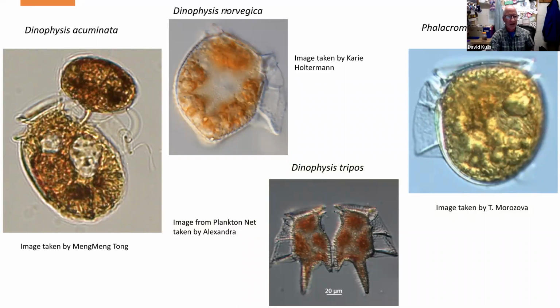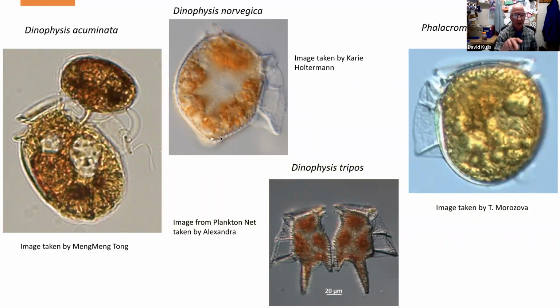Thanks, Thomas. So on the left-hand panel is a Dinophysis acuminata, and you can see the little peduncle going in from the Dinophysis cell into the ciliate. Basically, it's going to suck the contents of that ciliate through that peduncle, or feeding straw, so that it can get its mixotrophic nutrition. The other interesting thing to note here is that Dinophysis acuminata has a very rounded bottom, whereas Dinophysis norvegica has a more pointy bottom.